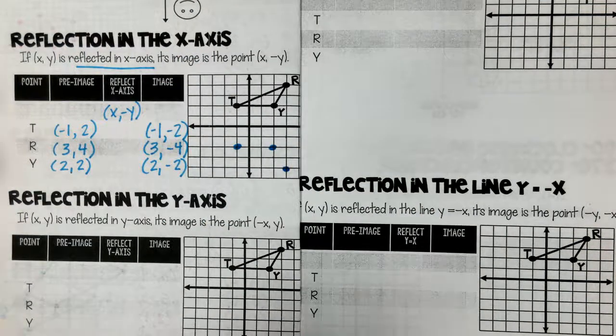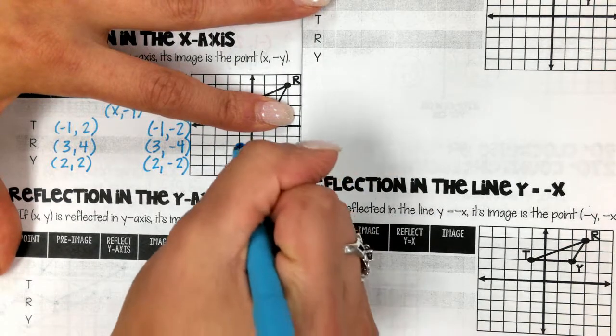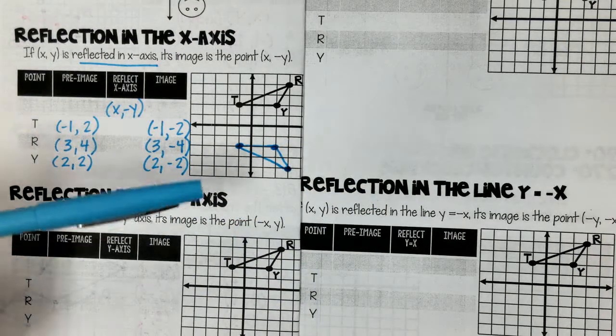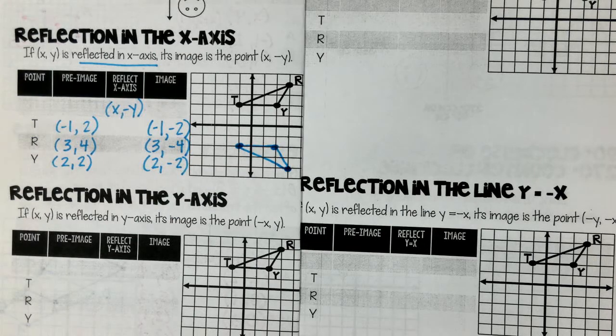Okay, and the way you're going to connect those is you're going to make a triangle, just like the one we see at the top. So it should be a direct mirror image of the top figure.